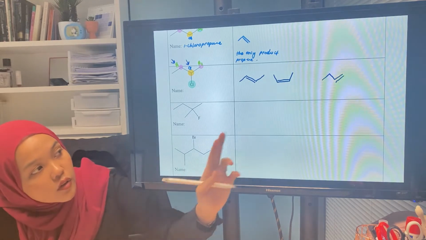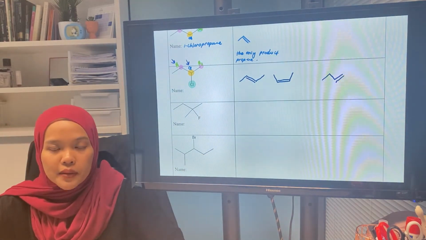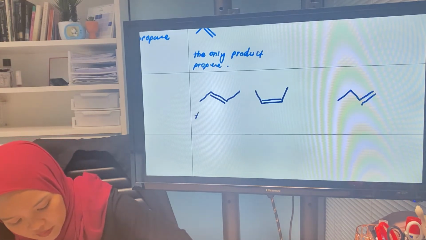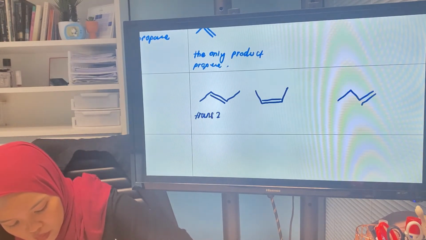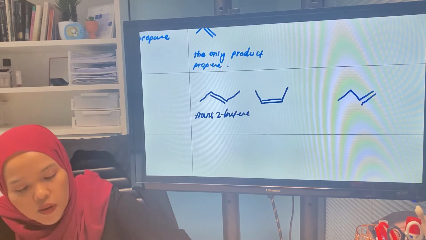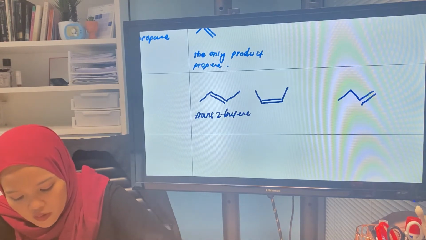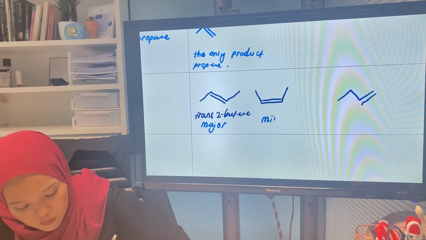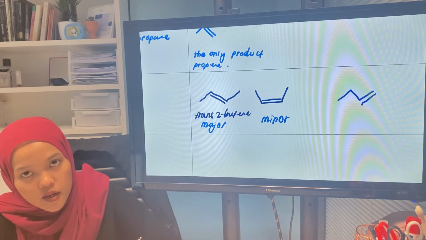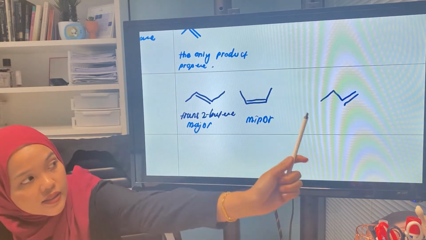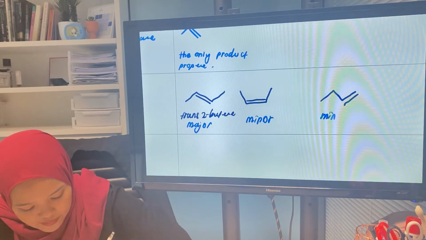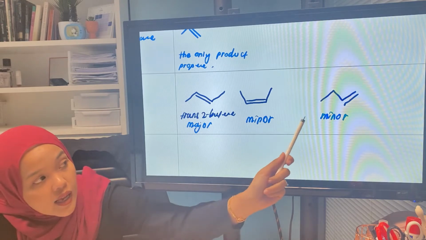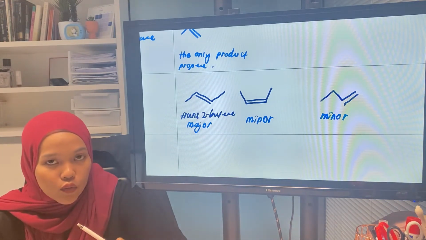Of course this one is the most stable because it is trans-2-butene, or trans-but-2-ene. Therefore this one is going to be the major product. This cis-butene is going to be a minor product, and this one is also a minor product. It will be the least produced, because this alkene is the least substituted one.